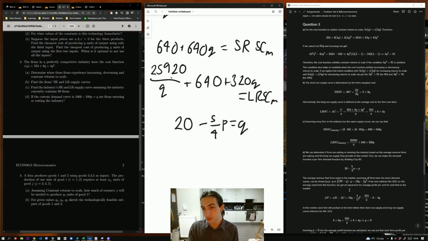All right. Now, for revenue, okay, we know it's price times Q, right? Yeah, we want things in terms of Q instead, because it's just going to make it easier for us to calculate later with respect to Q. We can't really calculate with respect to price because our cost function is in terms of Q, so we should probably make our demand in terms of Q. So rearranging this, we get 20 is equal to Q plus 5 over 4P.